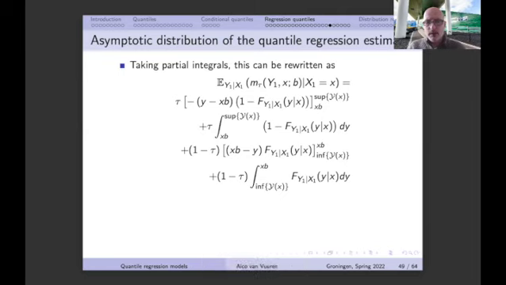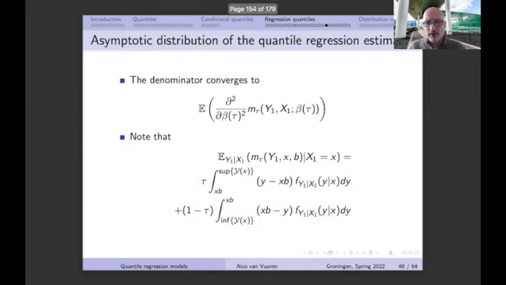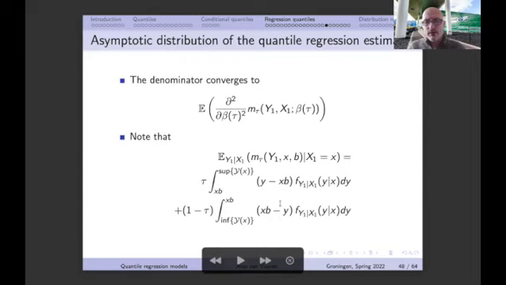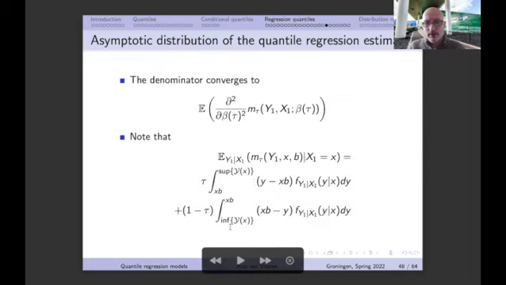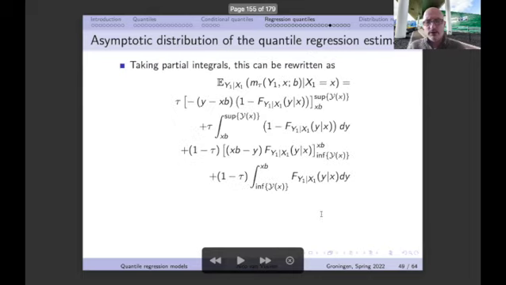And then what we're going to get is another time a minus, but we should realize that we have to multiply that by the first order derivative of x times b minus y with respect to y, so that gives us another time a minus. So therefore, again, we get a plus over here, well, plus 1 minus tau from this 1 minus tau that is over there. And then we're going to get just the distribution function. So therefore, we have the distribution function over here.